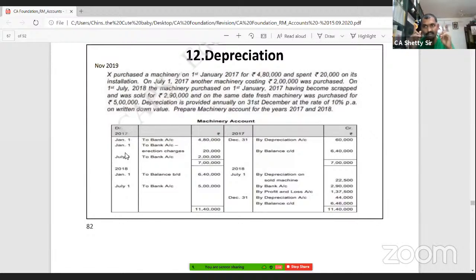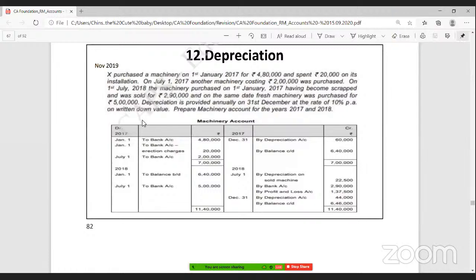July to December, December is the financial year end. Financial year can be January to December or April to March. Only companies have April to March compulsory; others can follow anything. So January to December. 2 lakh into 10% into 6 by 12 months. July to December, how many months? 6 months. 50,000 plus 10,000, that is 60,000. Balance carried down is 640. All of you able to understand?